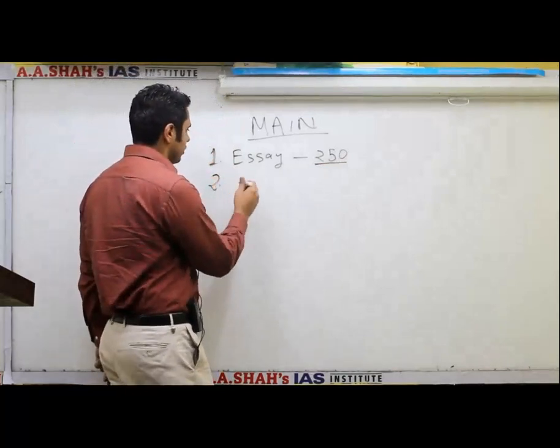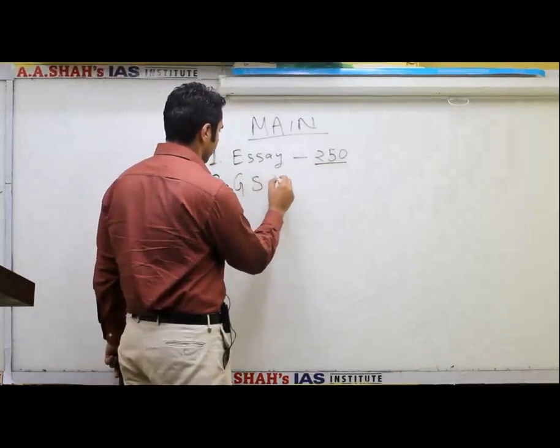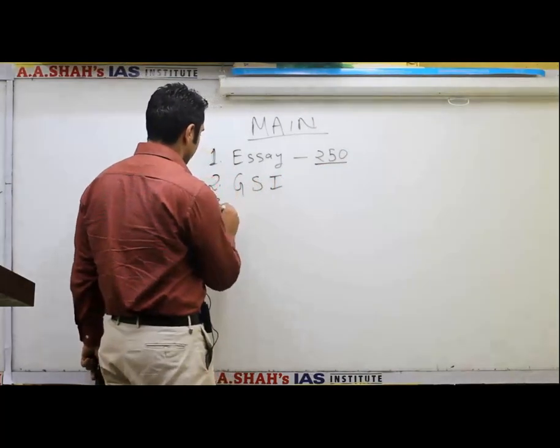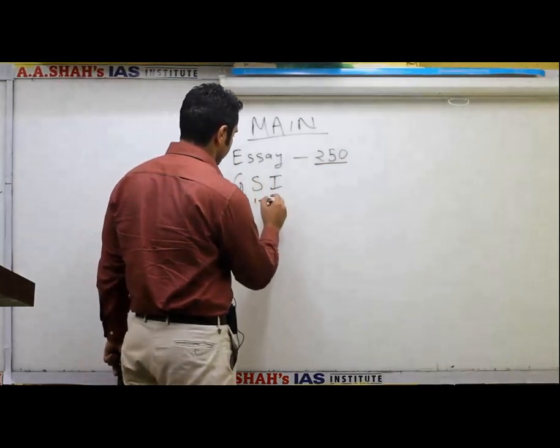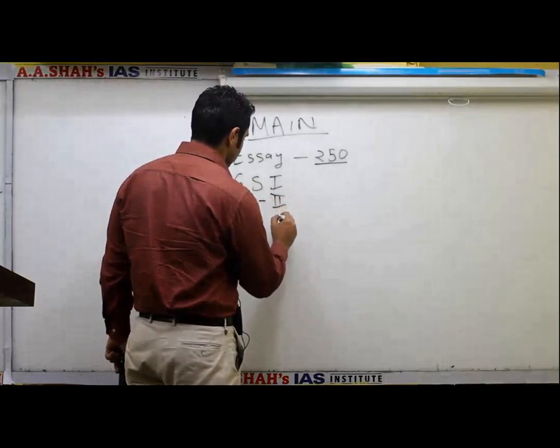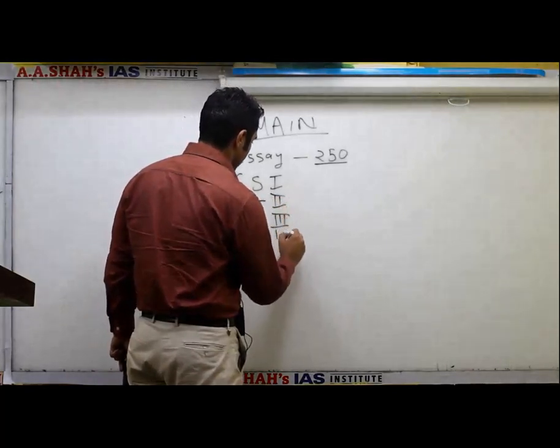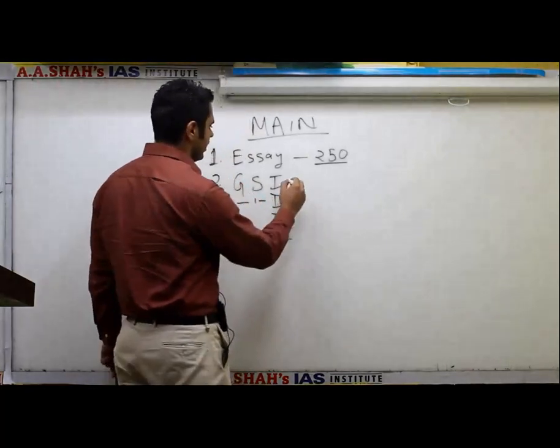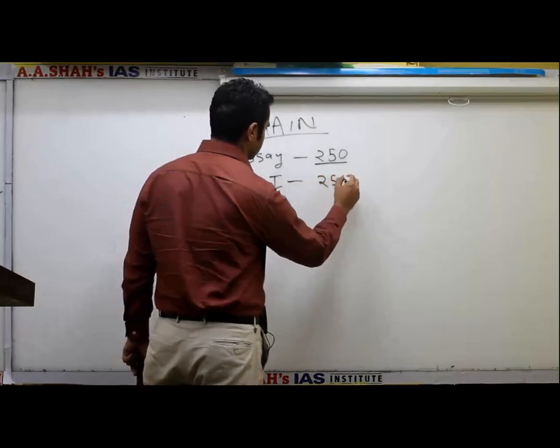For 2 essays, the total number of marks for this subject becomes 250 marks. The second paper that you have is GS paper 1. And like this, you have GS papers 2, 3 and 4, each paper having 250 marks.